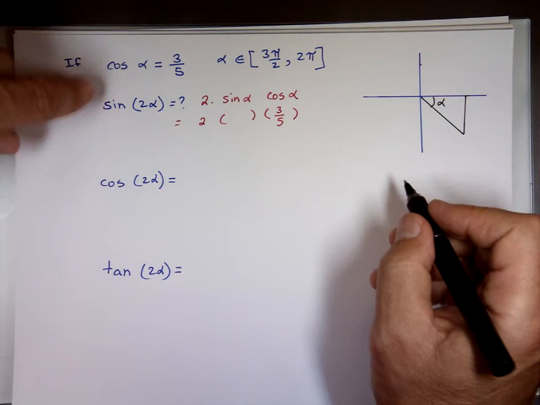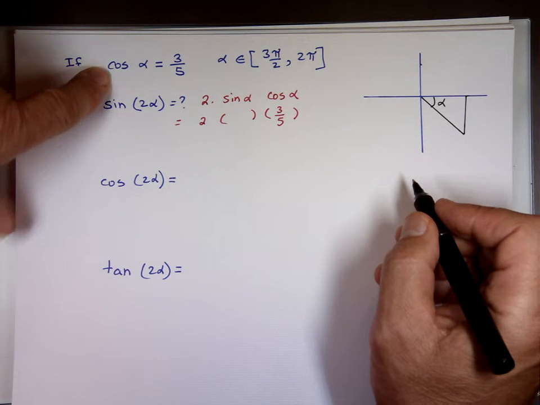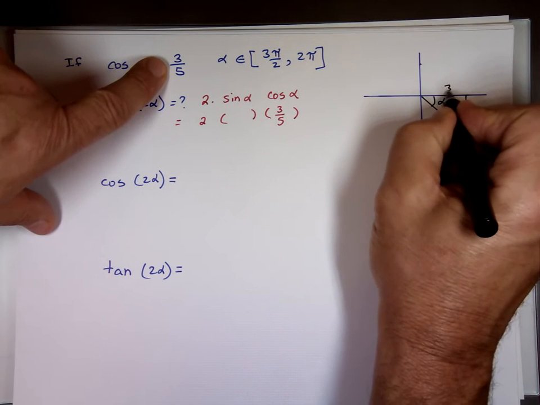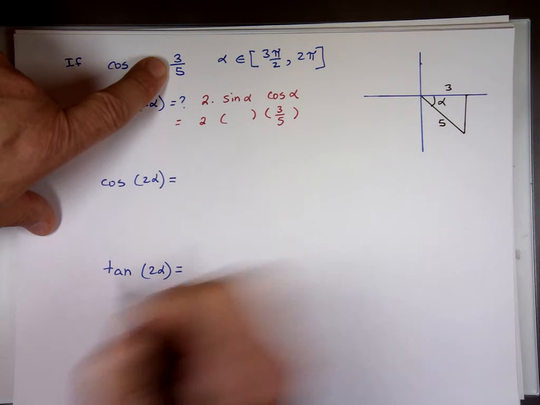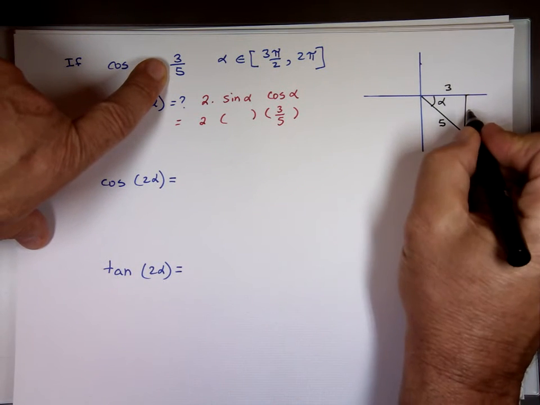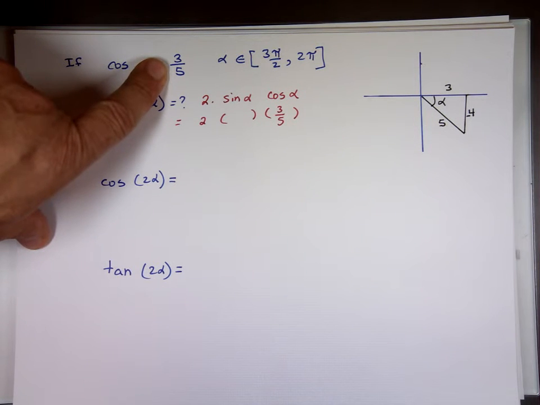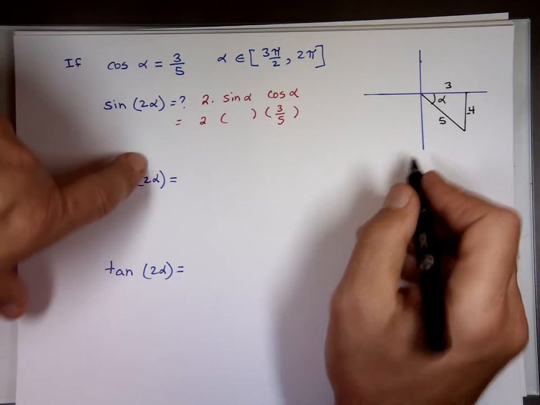We know the cosine is what side? The adjacent over what? Hypotenuse. Can you find that side? 4. 3, 5, 4. Would be actually a negative 4, because why? It's below the axis. So that tells me now I know what sine of alpha is.